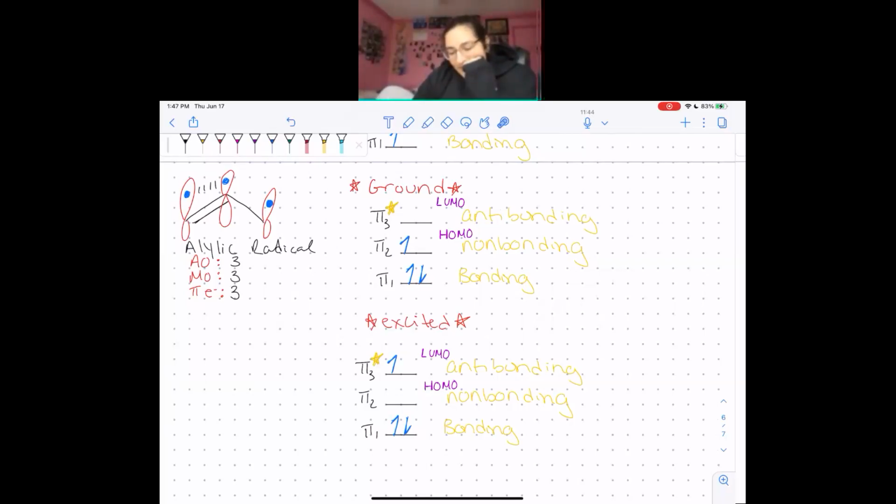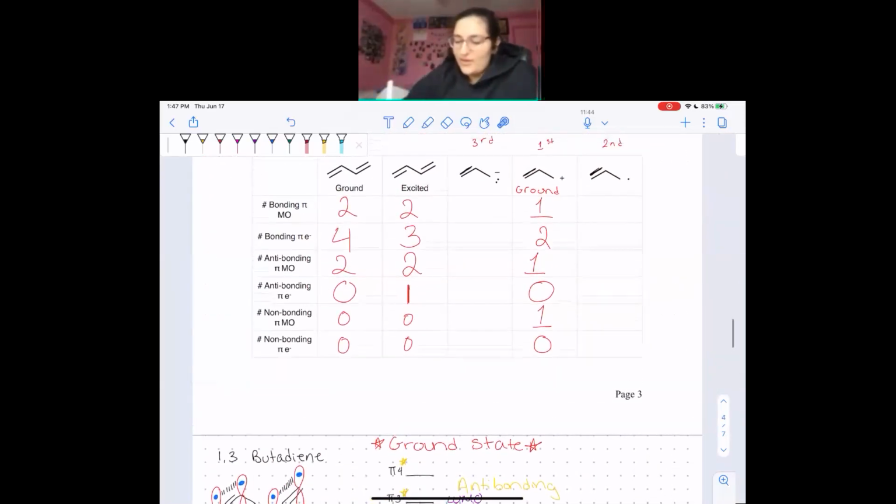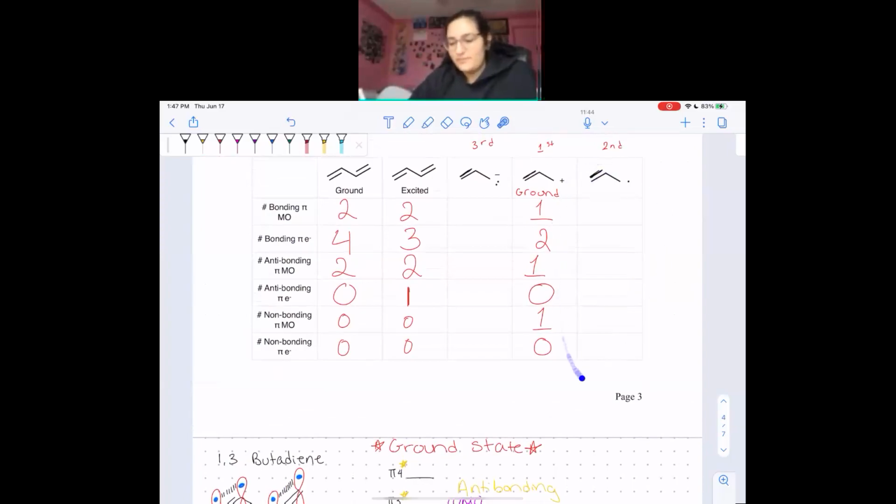So, let's go back before we move on and actually fill in the table because I will absolutely forget to do that. So, we did this last one. And we're talking about the ground state when we fill this out. So, in the ground state, how many bonding orbitals did we have?